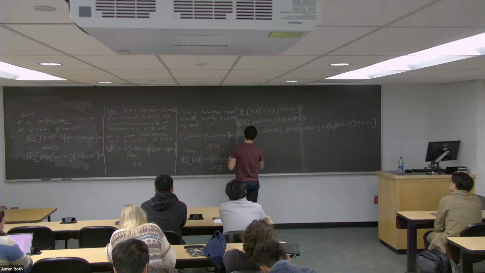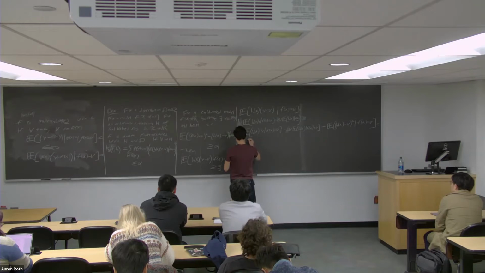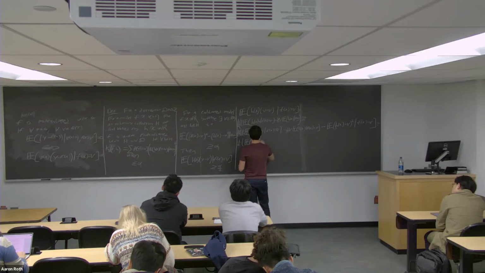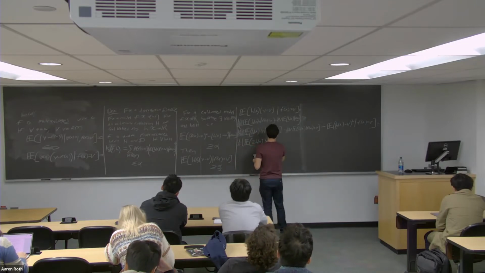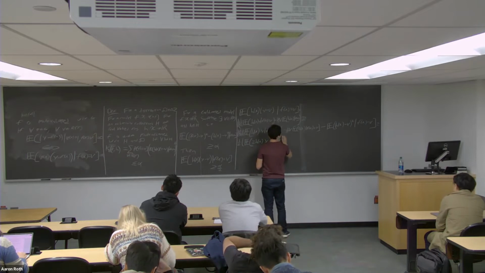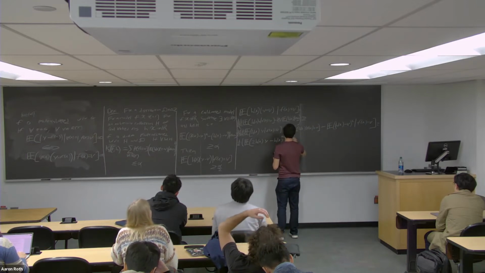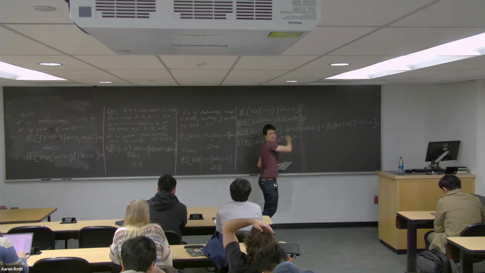So when I do that, what I'm left with is 1/2 times the expectation of 2 h of x y, that's this term, minus h of x squared, that comes from here, minus v squared that comes from here, and the cross term that came here canceled out to this middle term.